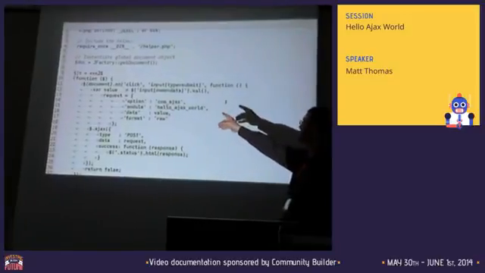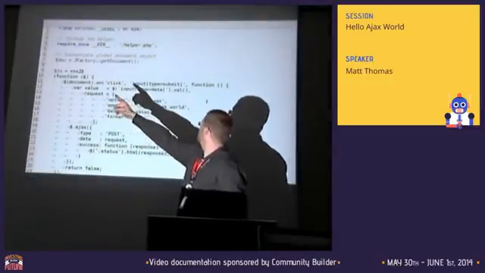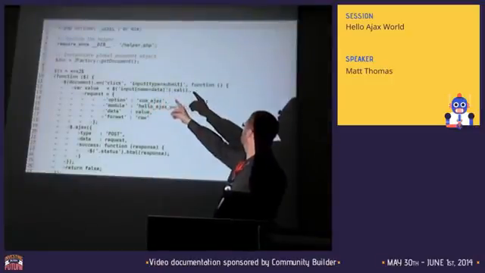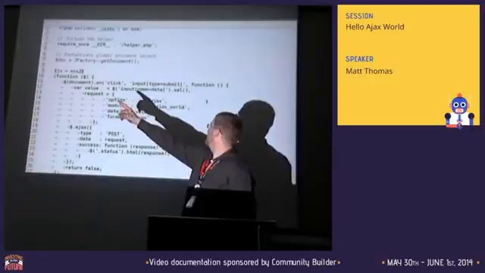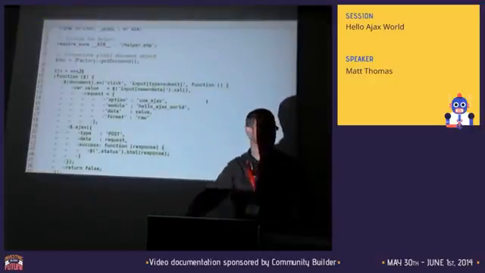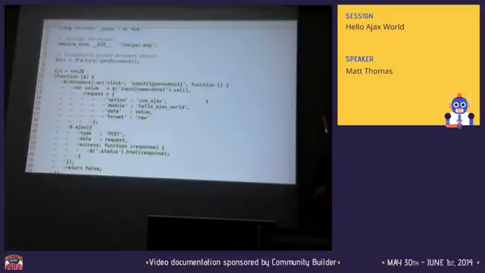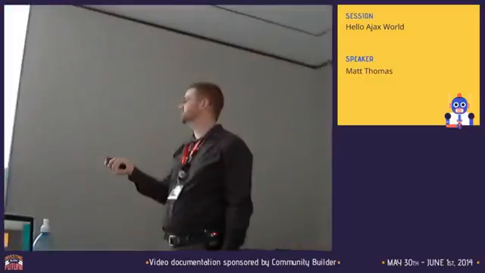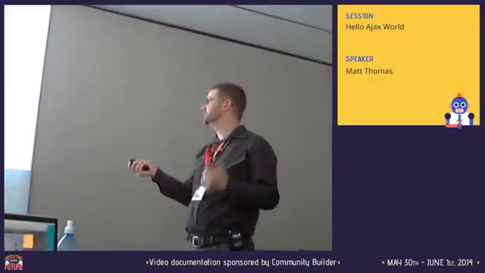So basically, I'm saying here that when you click the input type equals submit, we're going to get a value. And that's the value of the input with the name of data. Once again, the request will be made to option equals com_ajax, module equals hello_ajax_world.